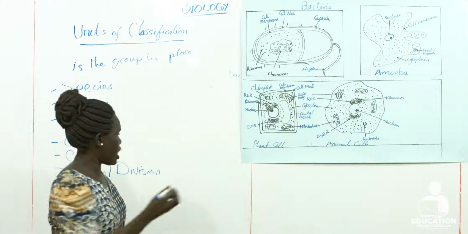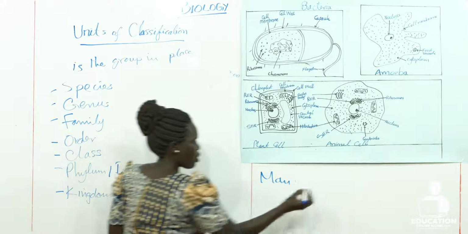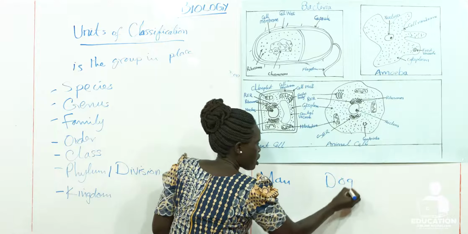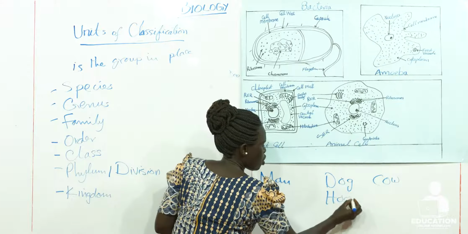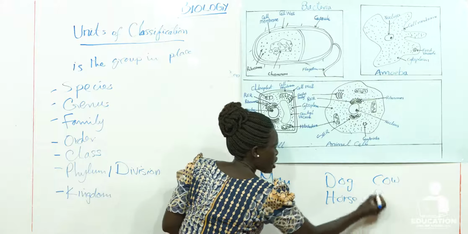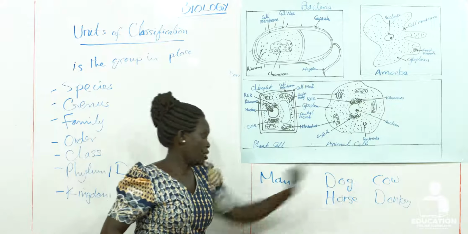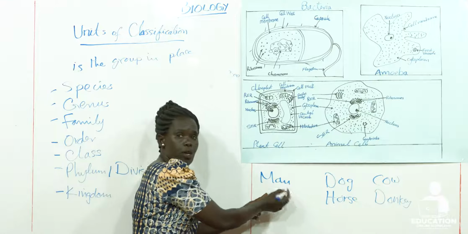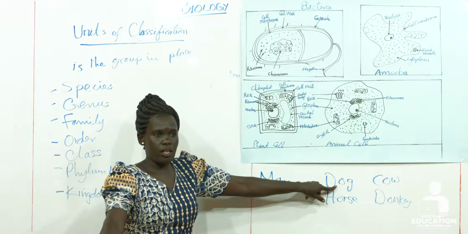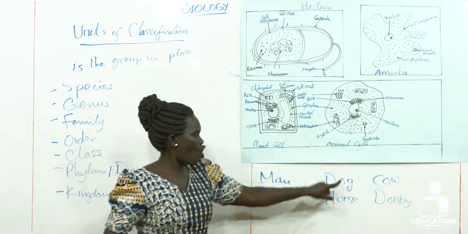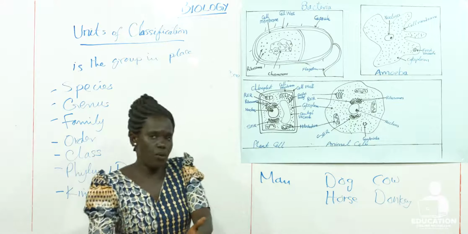Like when we take examples, like we the human being, man, dog, cow, horse, donkey. These are different species, because we the human being, we don't mate with dog to give young one. We don't mate with horse, or dog doesn't mate with horse to produce young one.